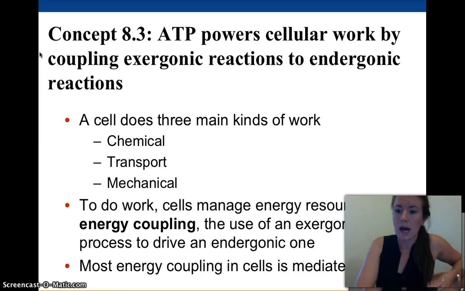Transport work would be moving things against a concentration gradient, like across the cell membrane, which requires energy. And lastly, mechanical work would be contraction of muscle cells.